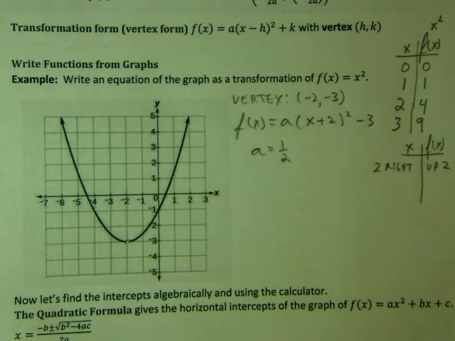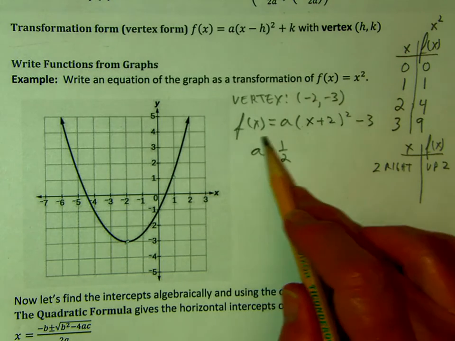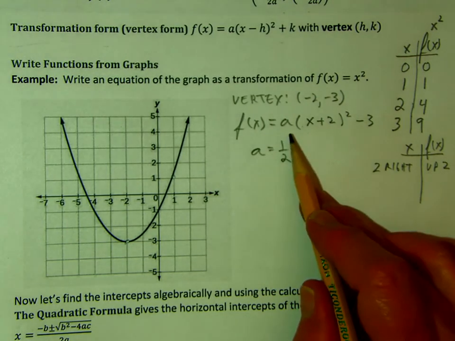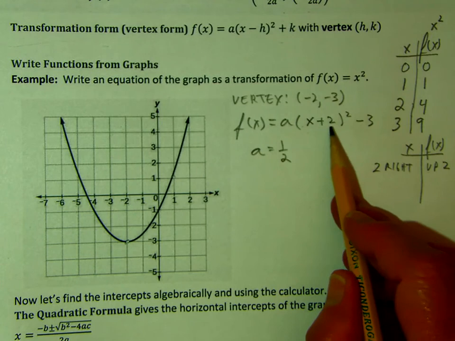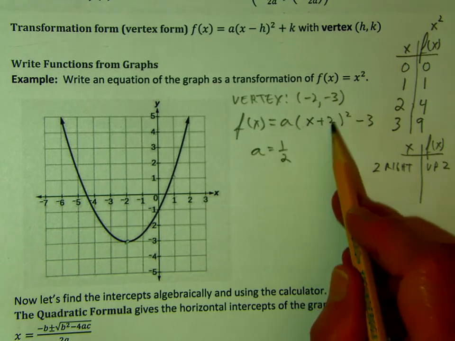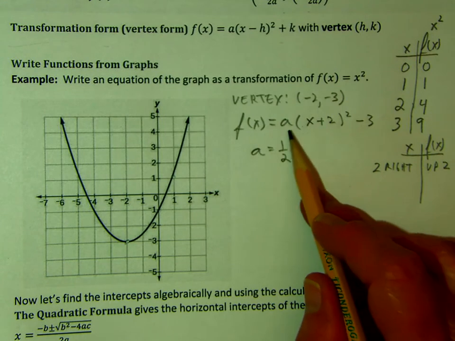If I substitute in the vertex into my preliminary function here, I'm going to get negative 2 plus 2 is 0. a times 0, I'm not going to be able to solve. But if I sub in another point, I can solve for a.